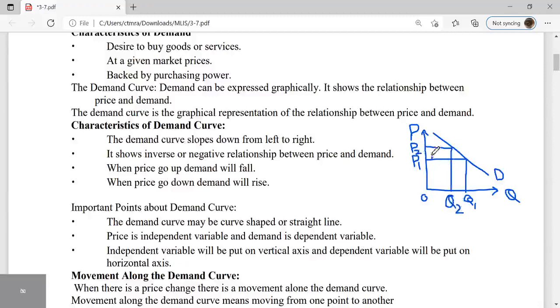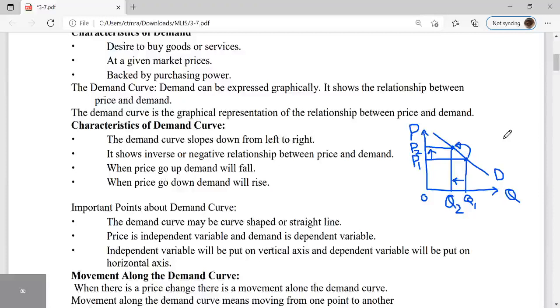See, you can show it with the arrow, and price is rising from P1 to P2 and demand is falling from Q1 to Q2. So it's moving from one point to another. There will be a movement along the demand curve.